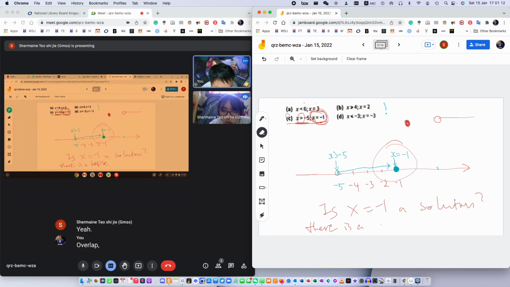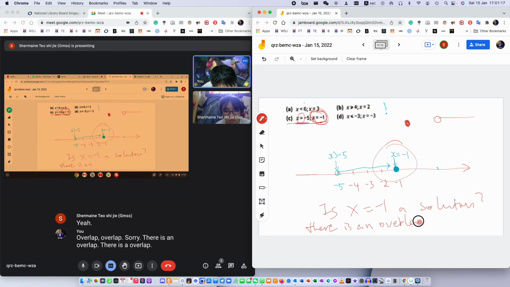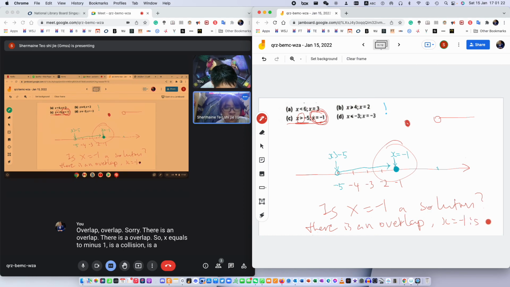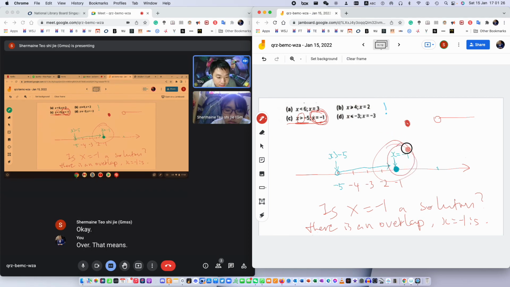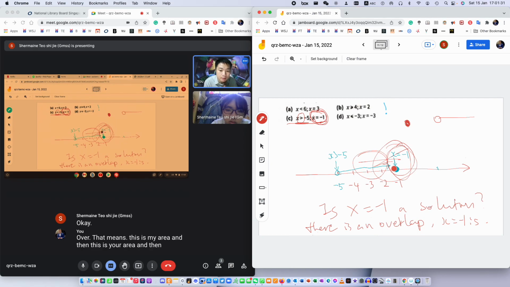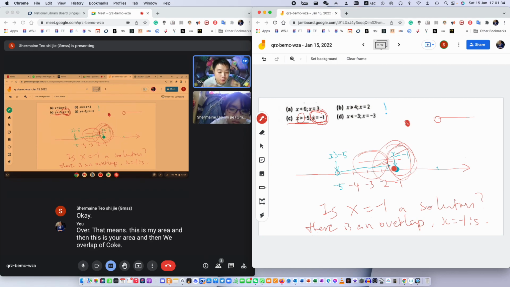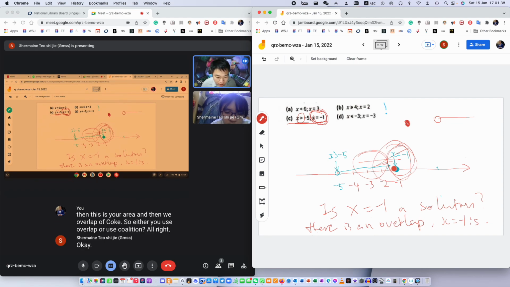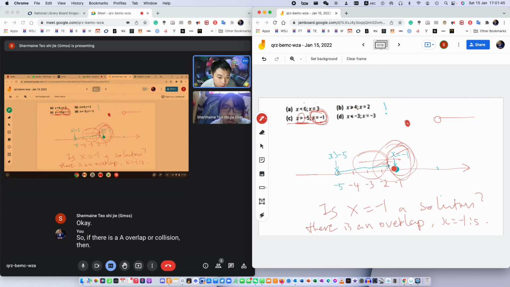Sorry, there is an overlap. So x equals to negative 1 is a solution. Overlap means this is my area, and this is your area, and we overlap. Either use overlap or use collision. So if there is an overlap or collision, then this is a solution.